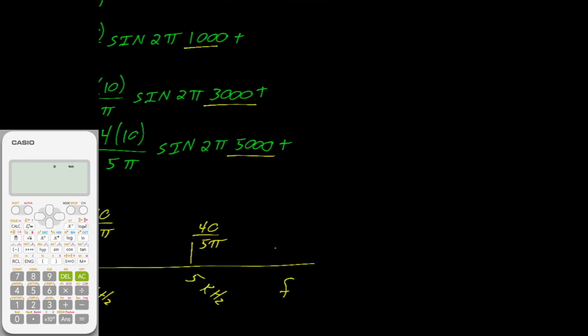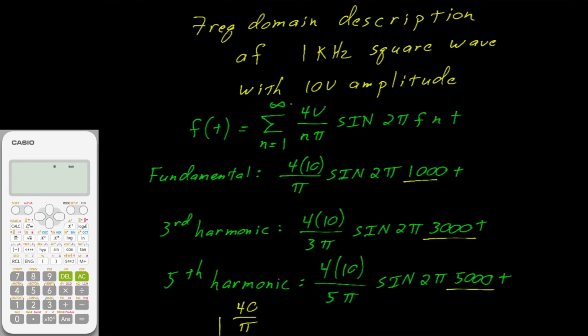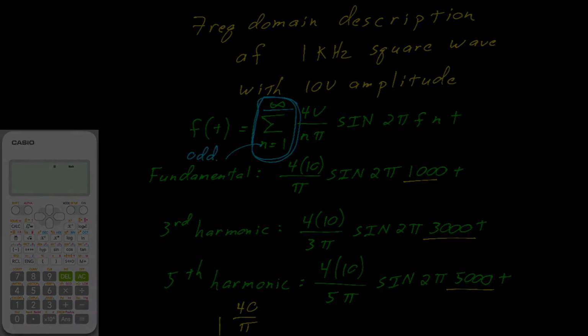Keep in mind that there are more harmonics, and that this, in theory, extends out forever, because a square wave is an infinite sum of odd harmonics. There's infinity, and n will always be odd for a square wave.